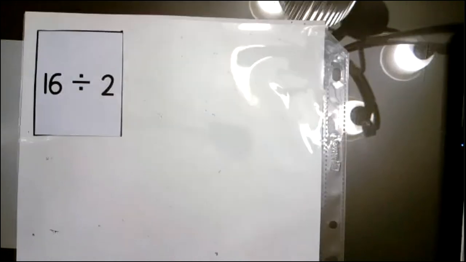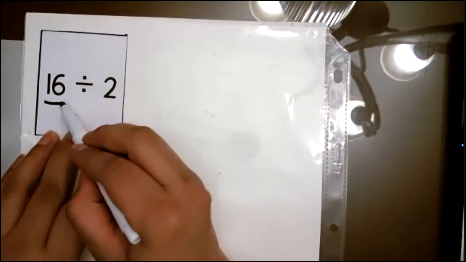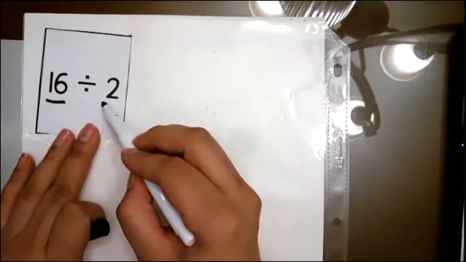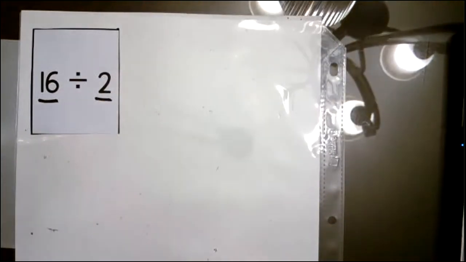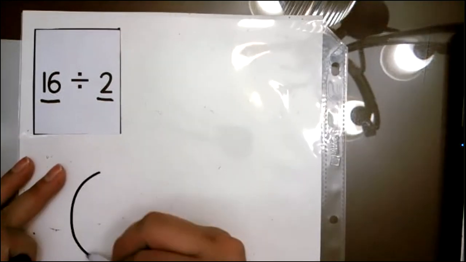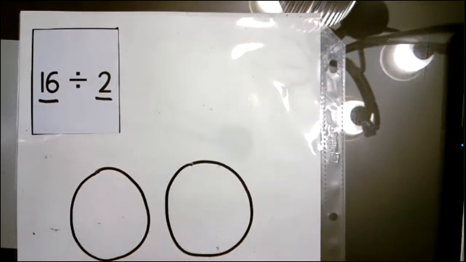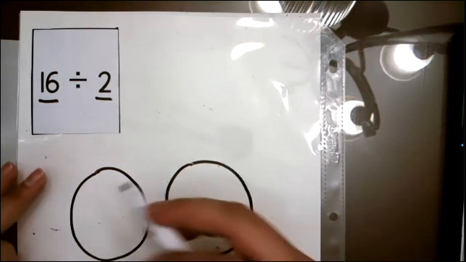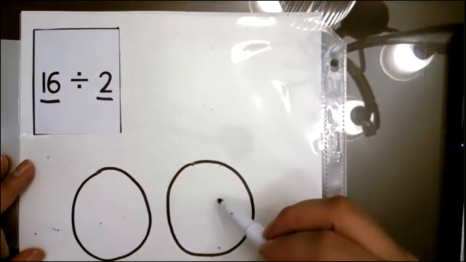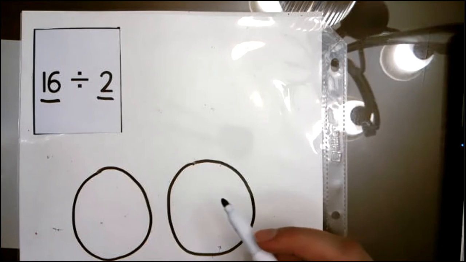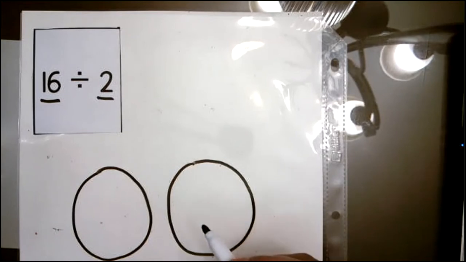Great job, friends. Our next example is 16 divided by 2. So 16 is our total number of objects, and 2 is our number of groups. I am going to draw 2 circles to represent my 2 groups. Now we have to put our 16 dots in both of these circles to create equal groups.